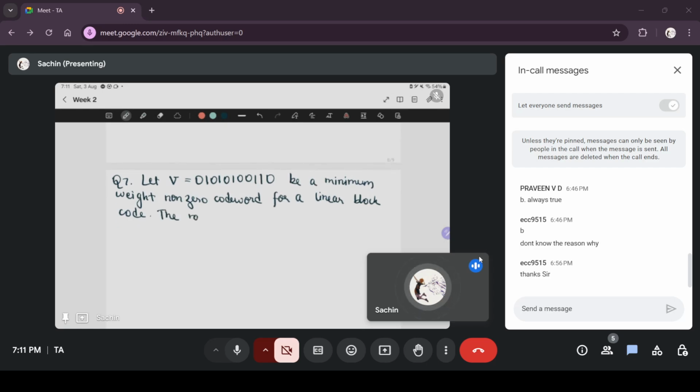The random error correcting capability of the code is blank.